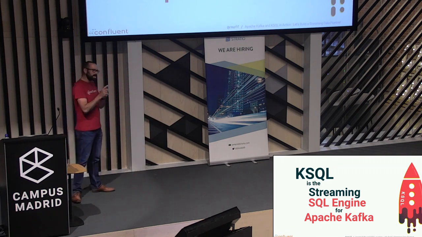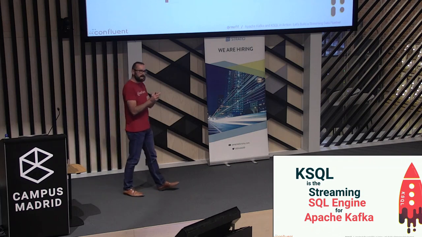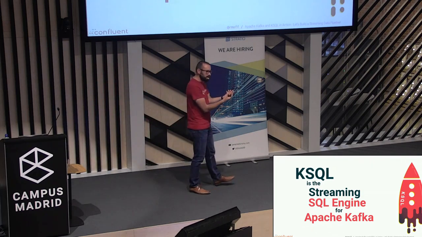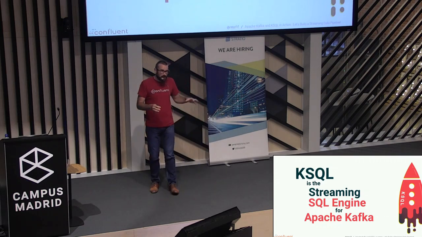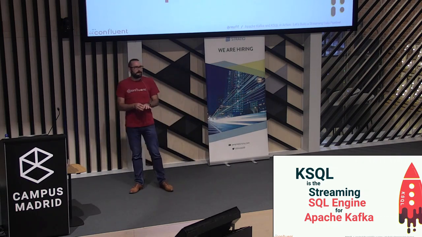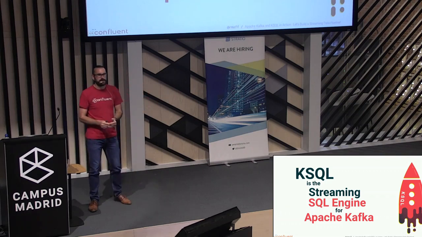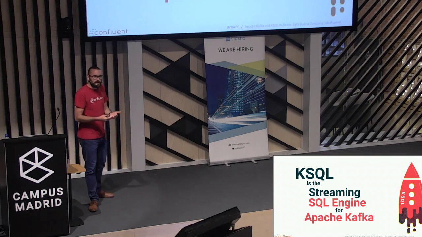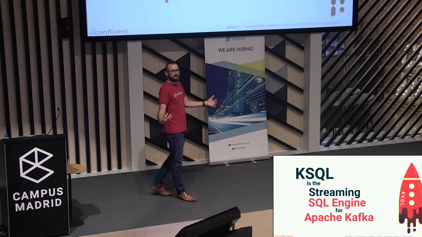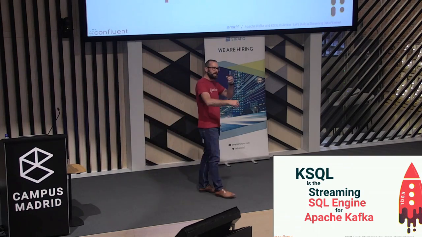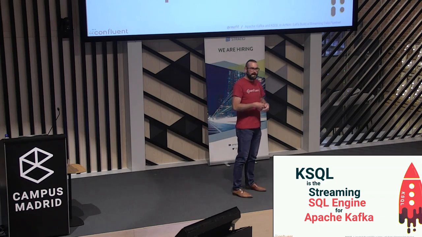What KSQL is not is a way of integrating your analytical reporting tools with data in Kafka. It can, but it's not designed for that. It's designed for building applications. You can use SQL to declare the transformations that you want to apply to your data, the joins, the filtering, the derivations, and then it runs as a continuous application.